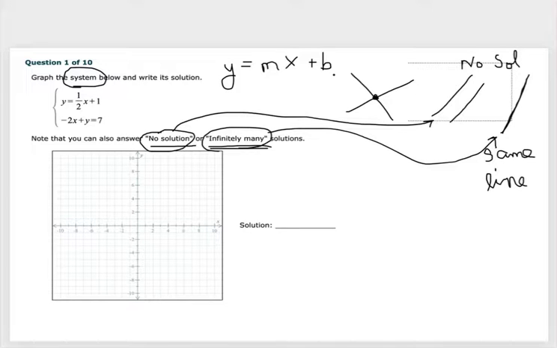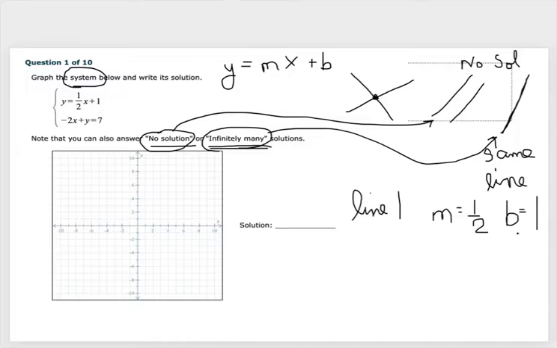So on the first line, we'll just say line 1, the slope m is 1/2, and the y-intercept, called the b term, is 1. So let's graph that one first.